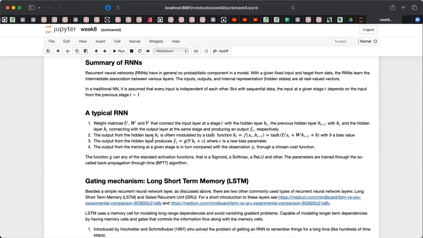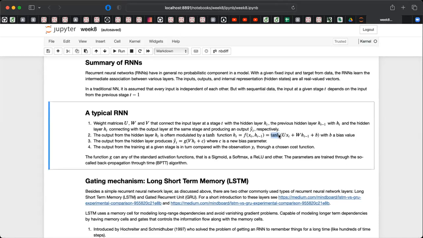So the output from the hidden layer would then be modulated by a function h of t, which is given by a function f, which is often rewritten in terms of a tanh function. And then you would have the weights in the matrix U, which connect the hidden layers with the input x of t. And then we have a matrix W, which connects with the previous hidden layer, plus some bias.